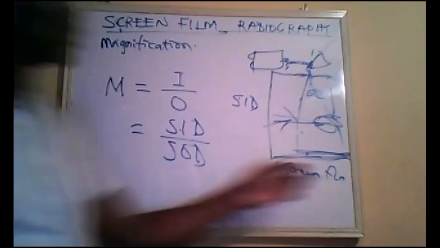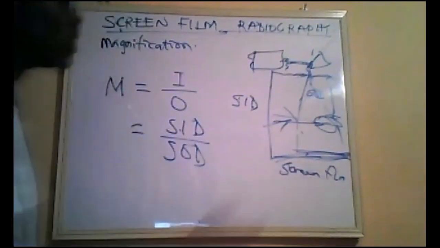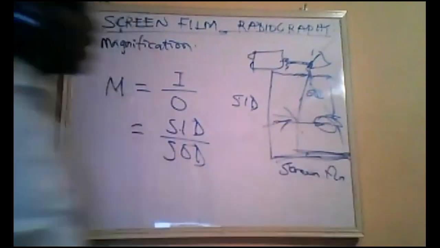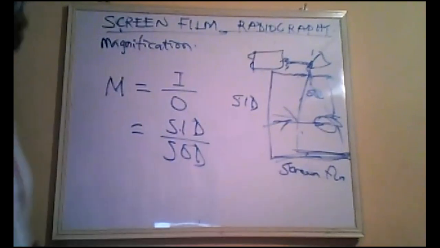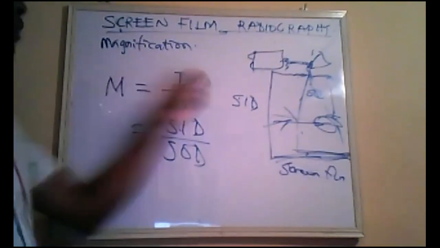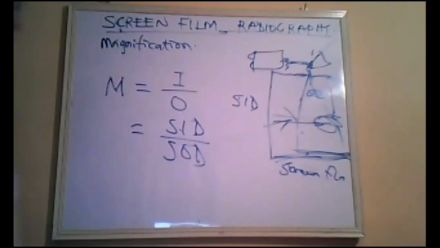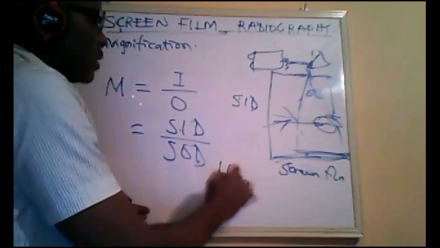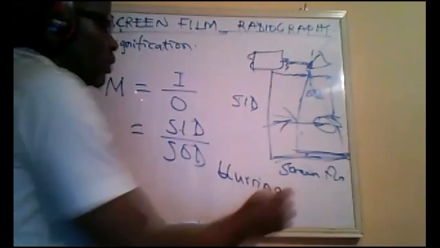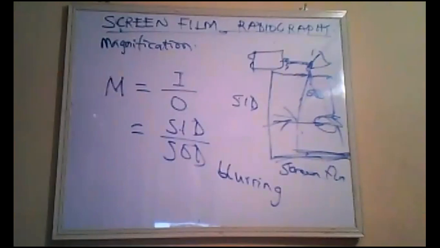That is done so that there won't be blurring, because the further you put the patient away from the detector, which is a film, you're going to have M greater than 1, and that is going to introduce blurring. That's one of the problems we have with magnification. As you continue to magnify a particular image, you're going to introduce blurring so that some salient points will no longer be visible.